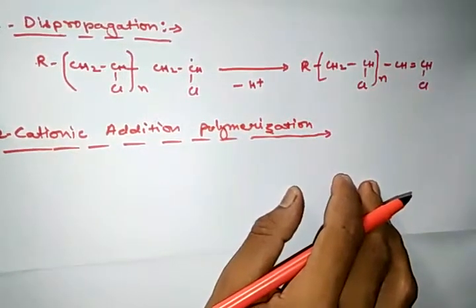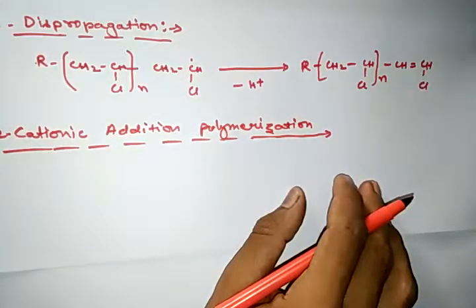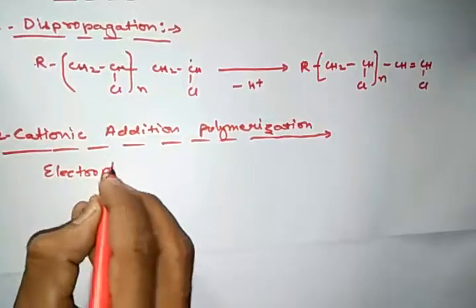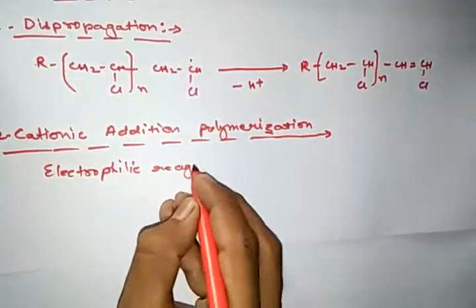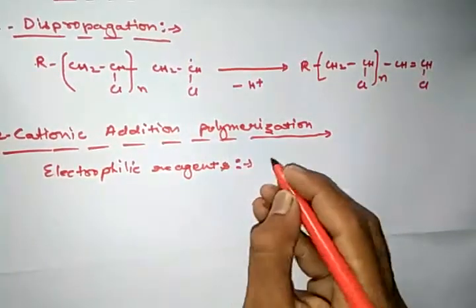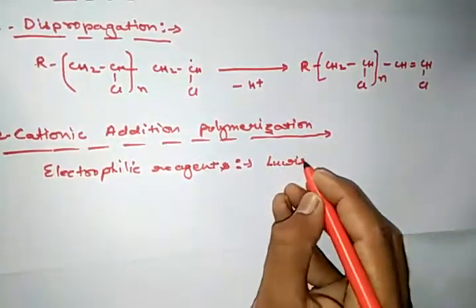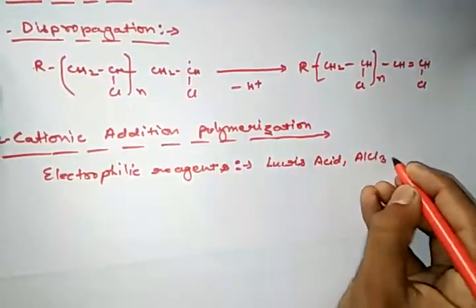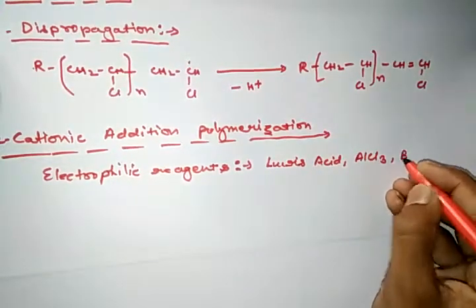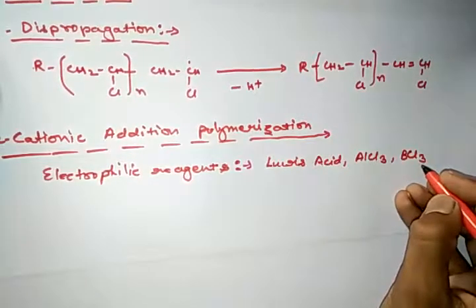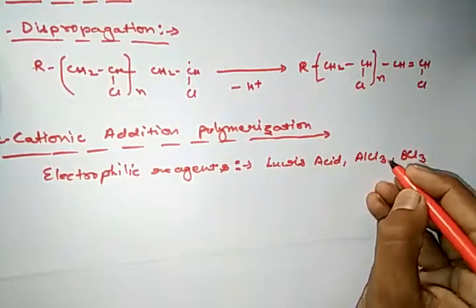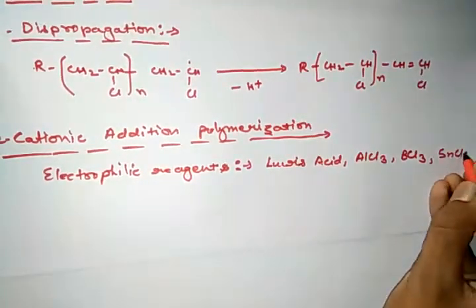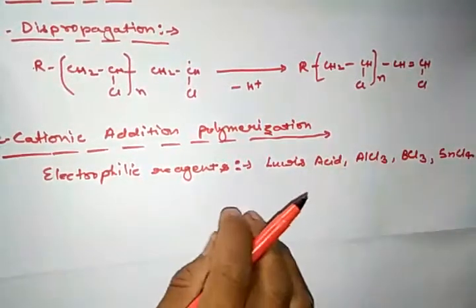In cationic polymerization, in this type of addition polymerization, electrophilic reagents like Lewis acids, aluminium trichloride, boron trichloride, stannic tetrachloride, etc. are used.